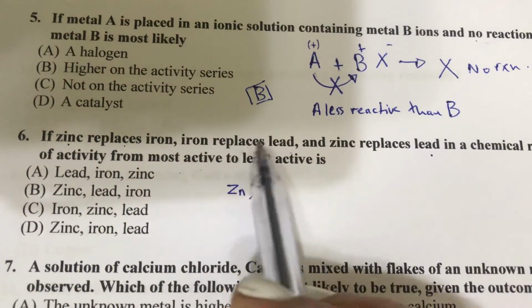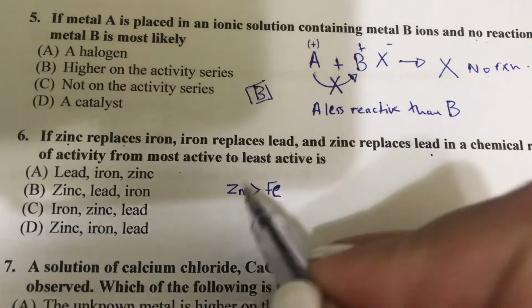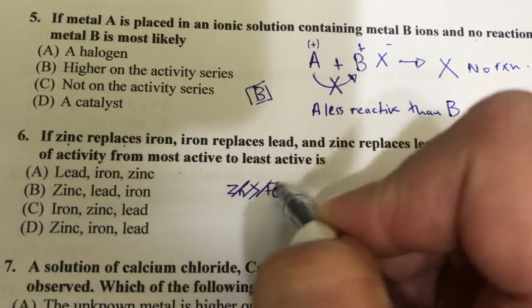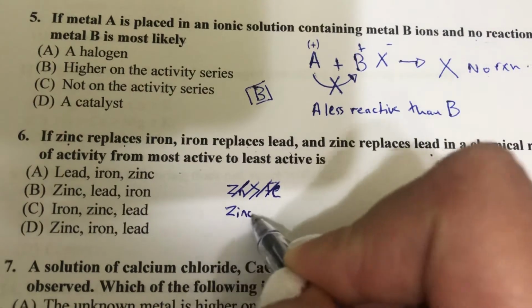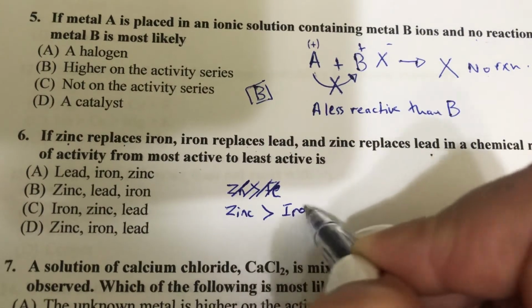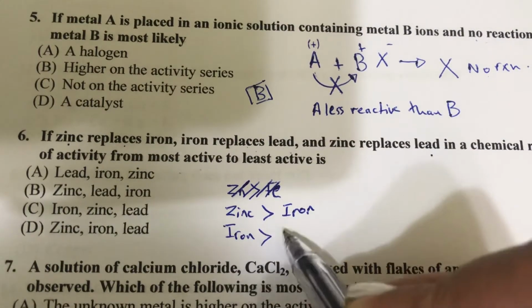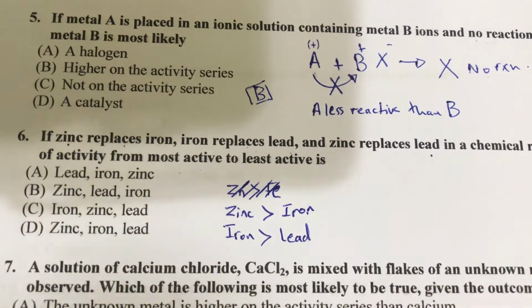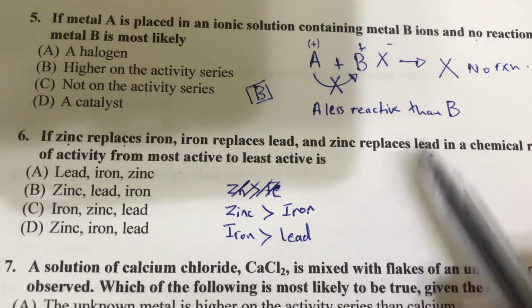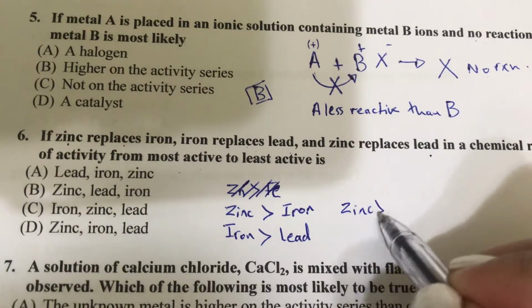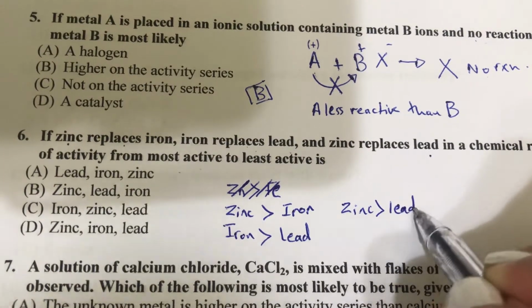And iron replaces lead. So iron is more reactive than lead. And zinc replaces lead, so zinc is more reactive than lead.